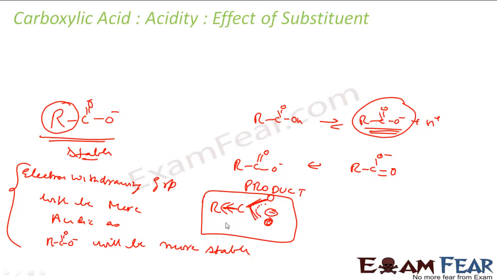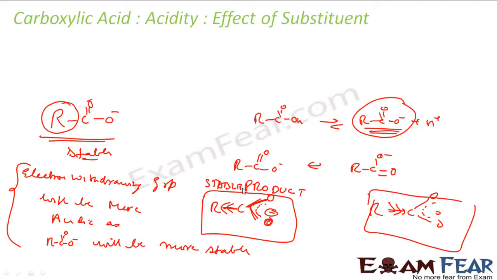If there is someone who is releasing electron, it will be releasing electron to an already negative species. So this product is unstable. This is stable. This will become unstable. Right?